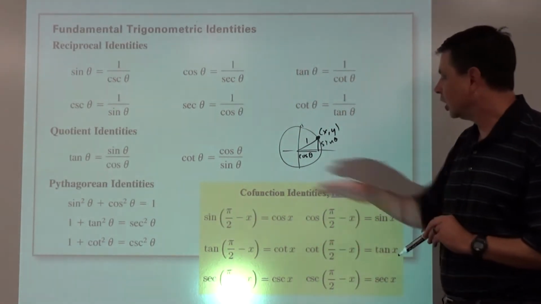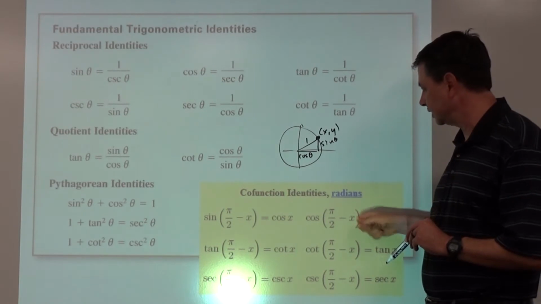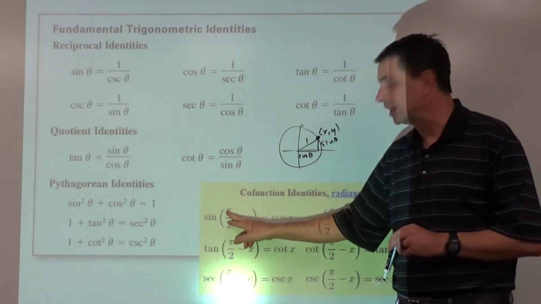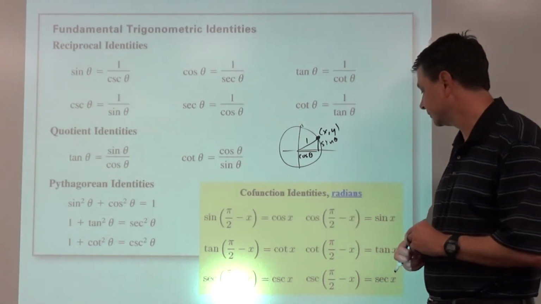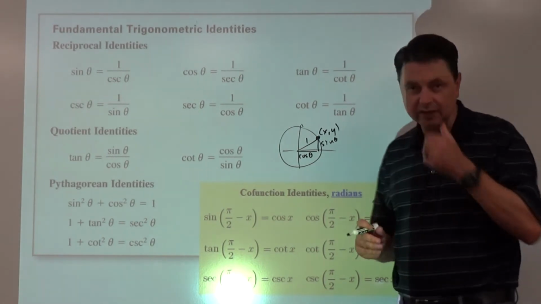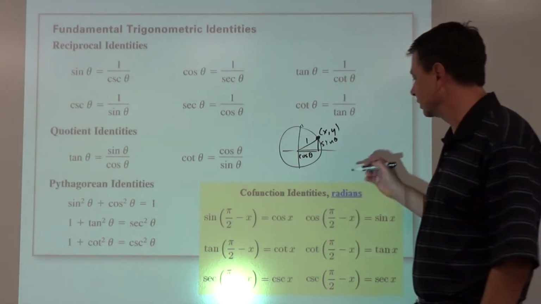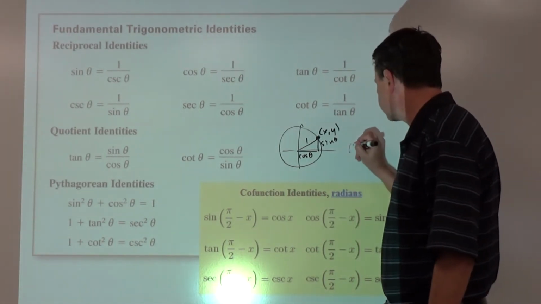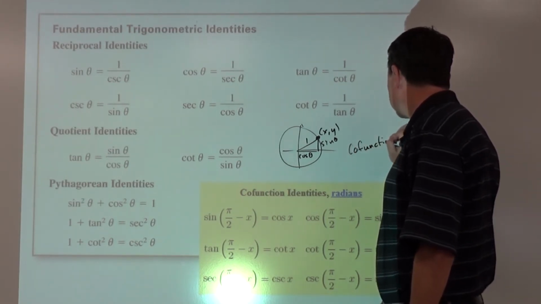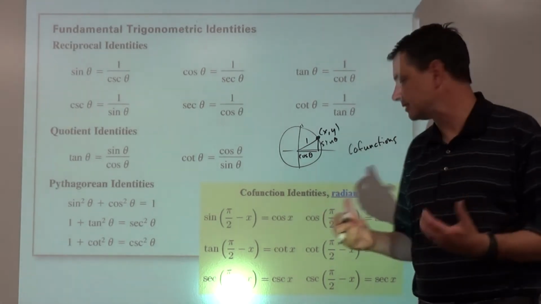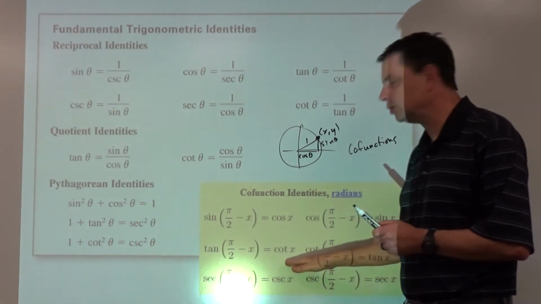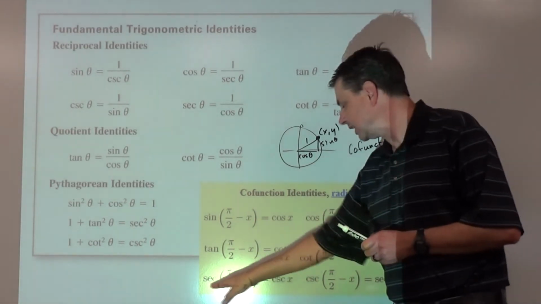Okay. Also, cofunction identities. These are all in radians. We could do them in degrees. We replace pi over 2 with 90 degrees. But these are all in radians. So the idea on cofunctions, the phrase that pays here, is that your cofunctions, the ones related by this identity, are sine and cosine, tangent and cotangent, secant and cosecant.